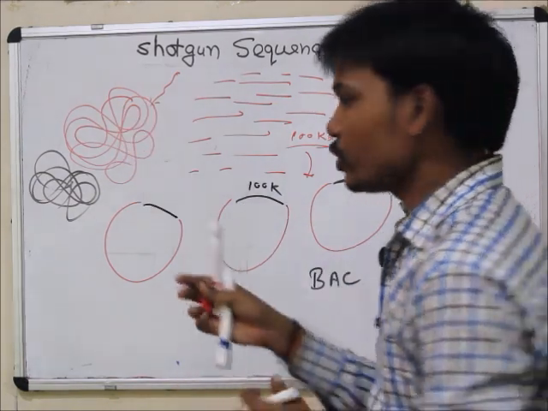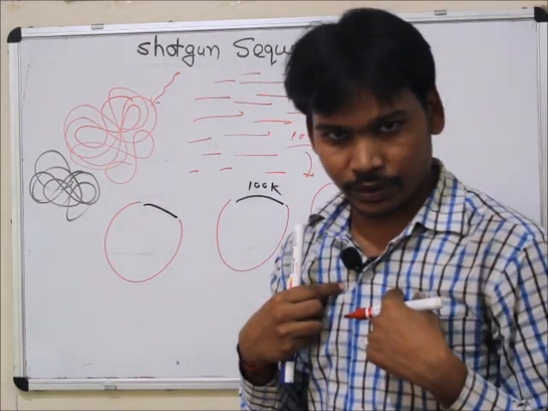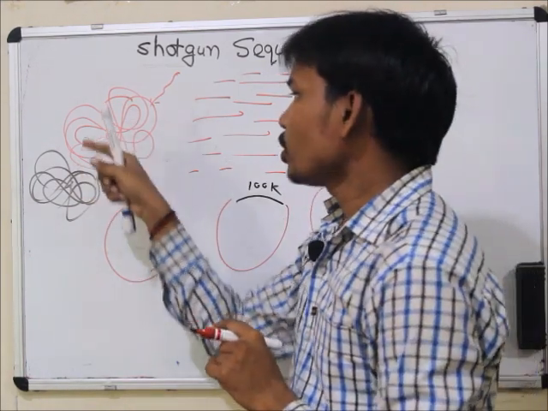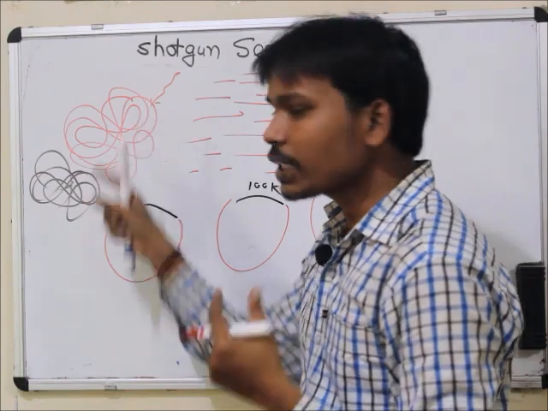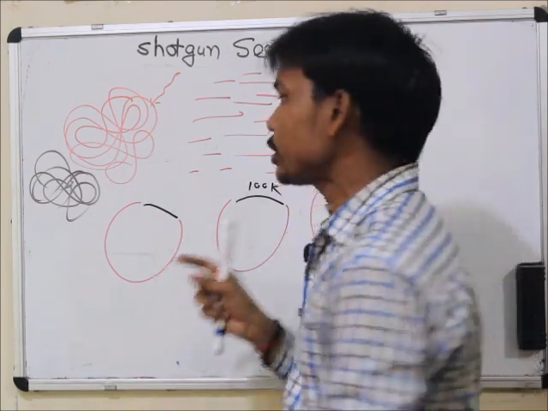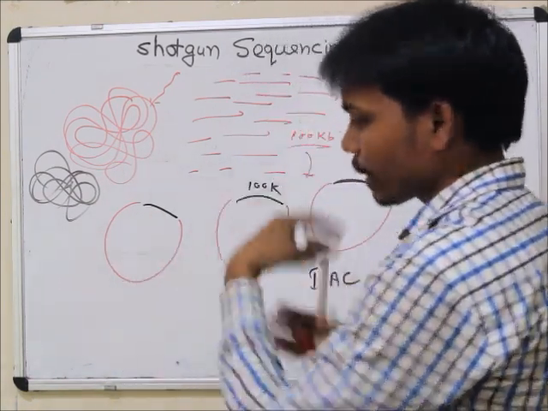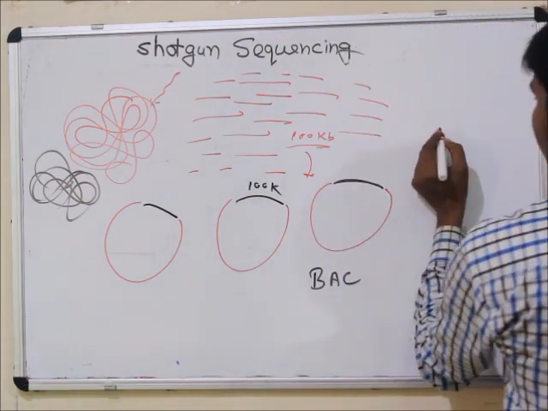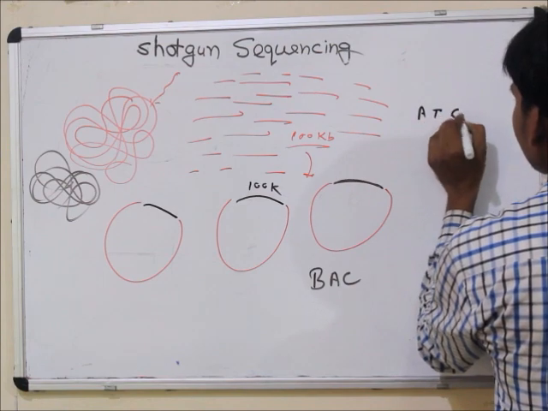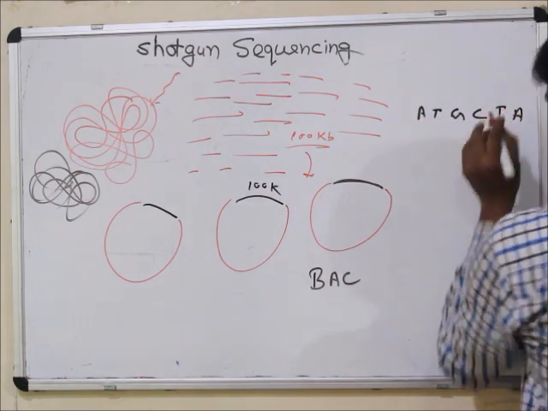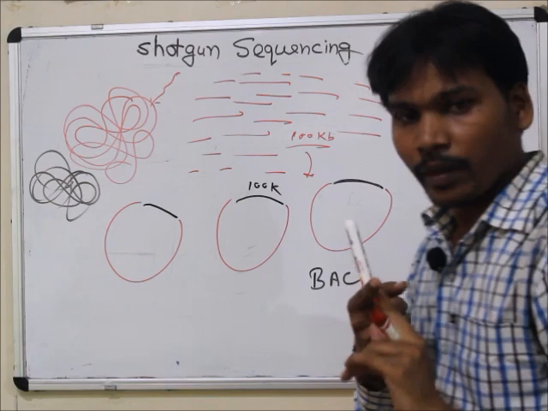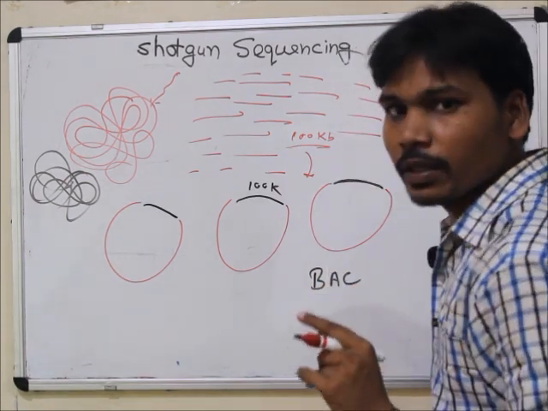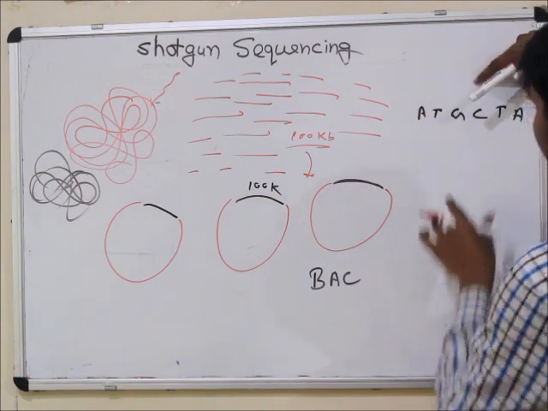Take human genomes in a cell as an example. One cell contains a genome, and many cells contain the same genome sequence. So the shearing obtains sequences randomly. Suppose it is A T G C T A. For understanding, I am taking a simple fragment as an example, not a real genome.